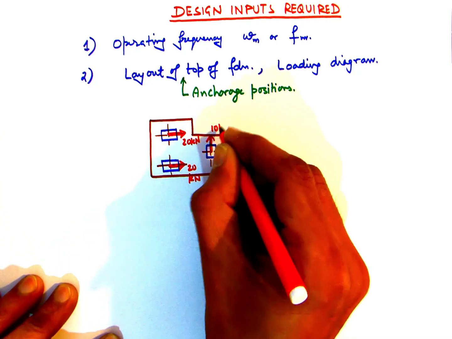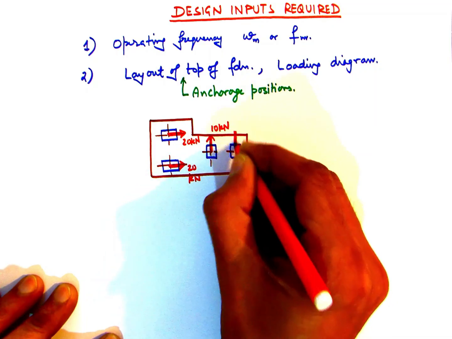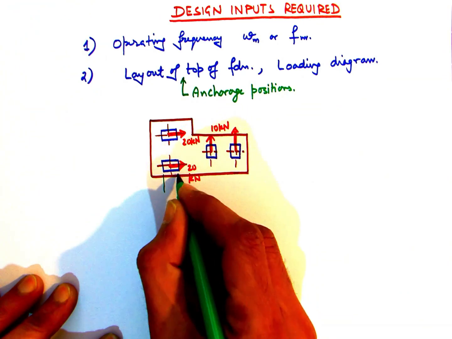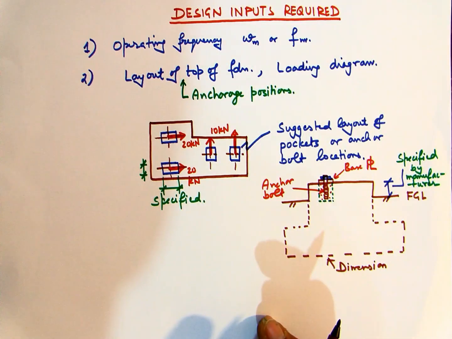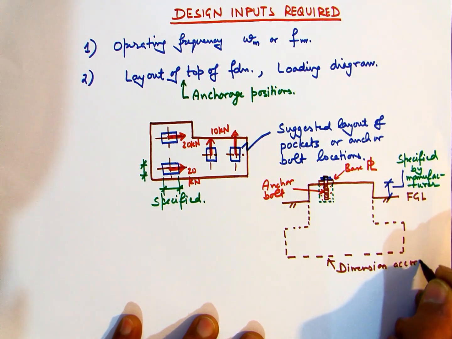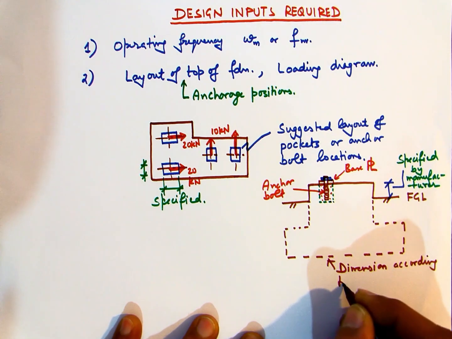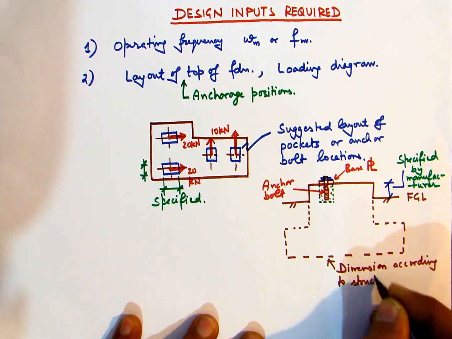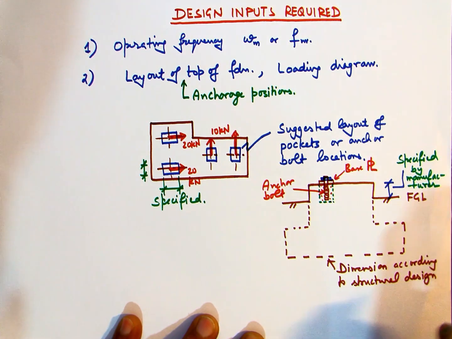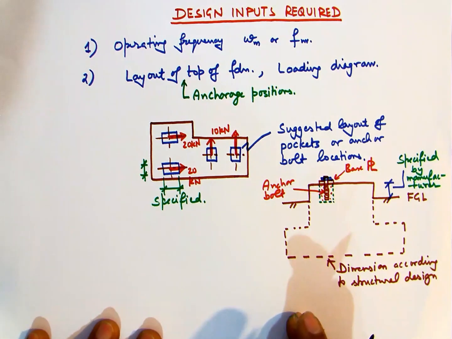The planned dimensions are meant to be above the finished ground level or the finished floor level. Once we talk about the region under the top of the soil, then it's up to the structural engineer to assume appropriate dimensions to match the requirements of the frequency and the amplitude.